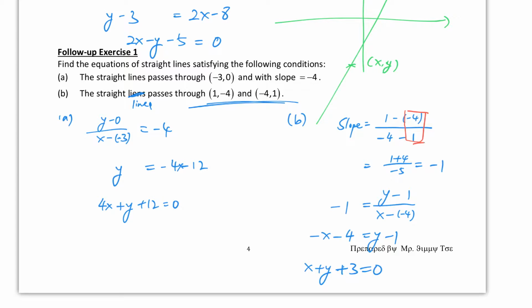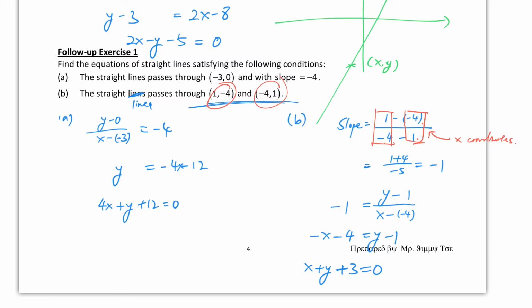First, check that (1, -4) is one of our coordinates and (-4, 1) is the second coordinate. The second thing you need to check is that the denominator must be the x coordinates. Please check carefully, because if you cannot find the correct slope, all your work is useless.